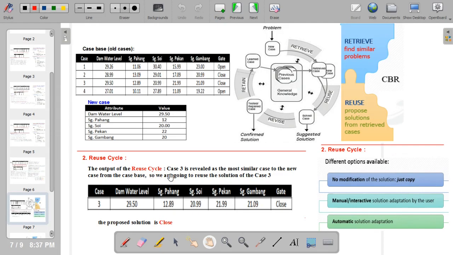So in the reuse, we are going to reuse the solution of case 3 that is identified as the most similar case. So here this is case 3, right? From here, I just copy from here. This is case 3.